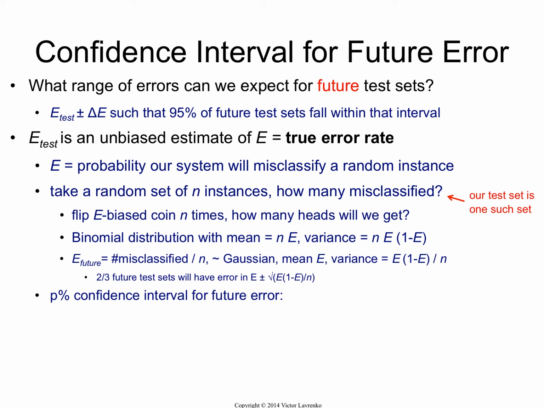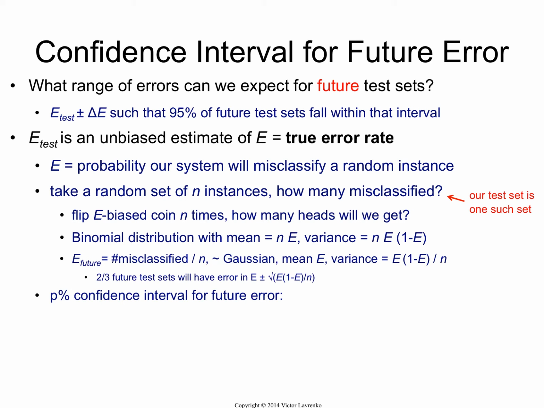So that's the number of misclassified. Now, the future error rate, that's just the number of misclassified divided by the total number in the future set that we're trying to classify. So if the number of misclassified follows a binomial distribution, then the error rate is going to follow a Gaussian distribution. And it's going to have mean E, which is as you would expect, right?